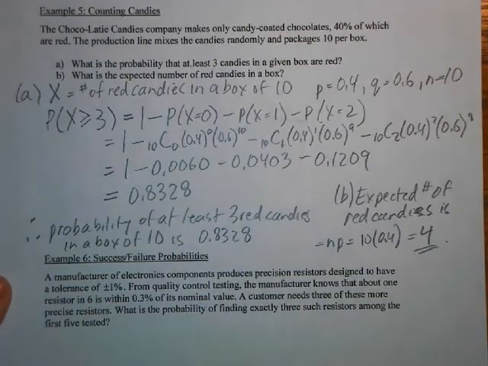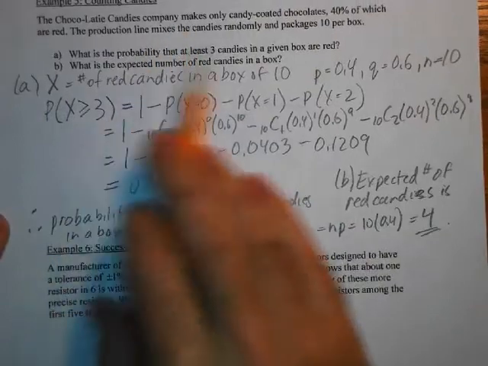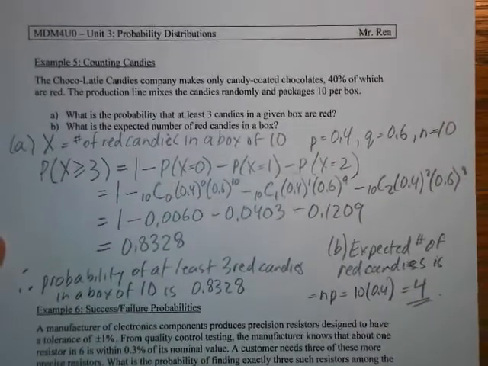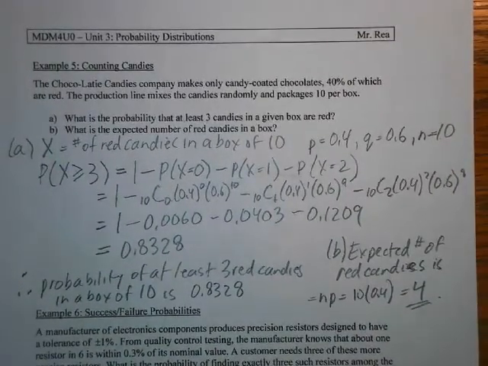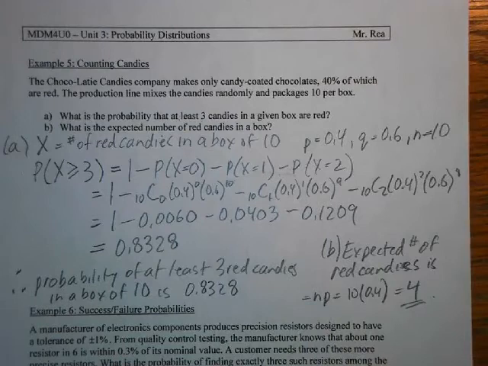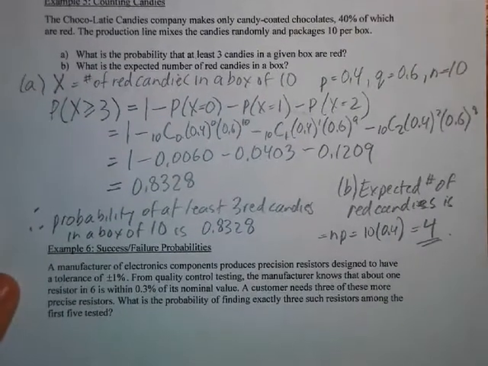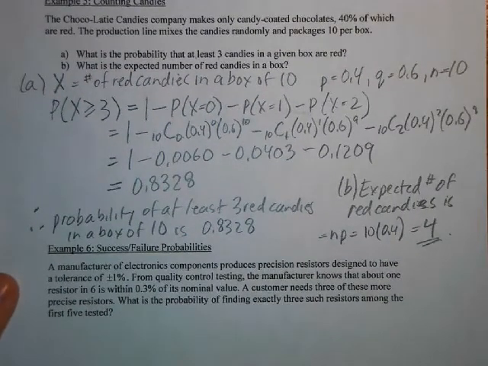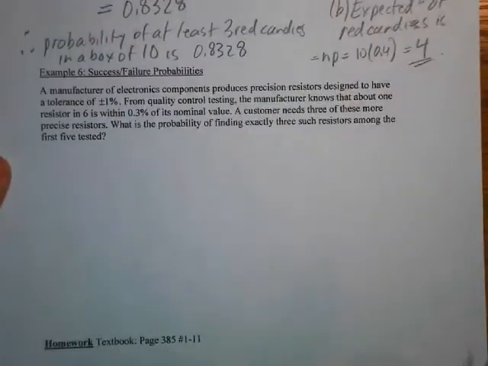And you probably could have answered that just by looking at the question. If 40% of the candies are red, what would you expect to find in a box of 10? Well, 10 times 0.4. So it makes total sense, hopefully.